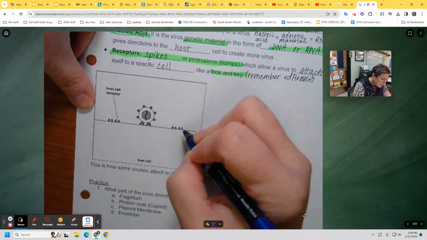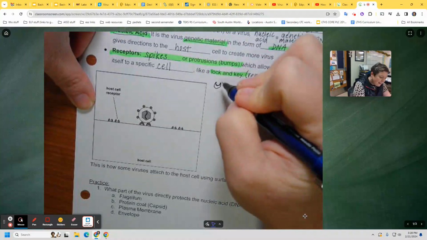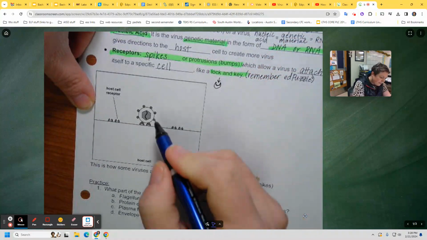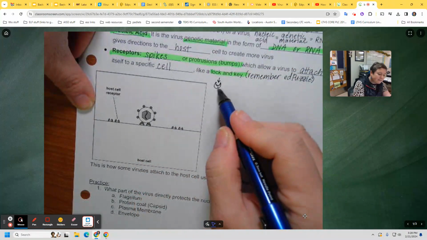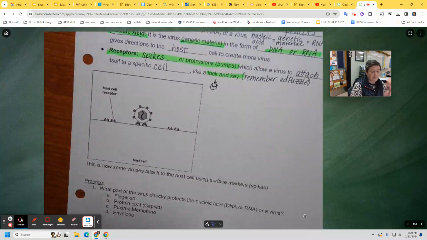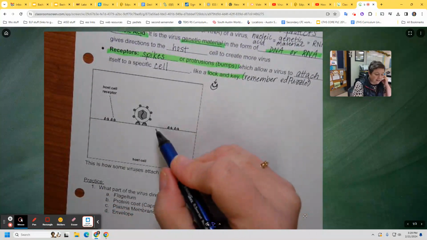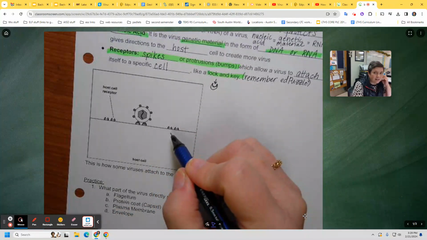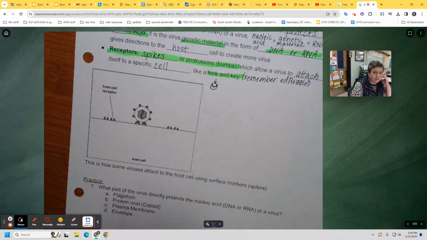So these receptors, you can't see that, they have like a little thing like this, okay? And then right here, this virus has these little round spikes, and they literally do fit in there like a key and a lock. That's why we don't get sick from our dogs' and cats' viruses, because they have different viruses that fit on their cells. We have human viruses that fit on our cells.